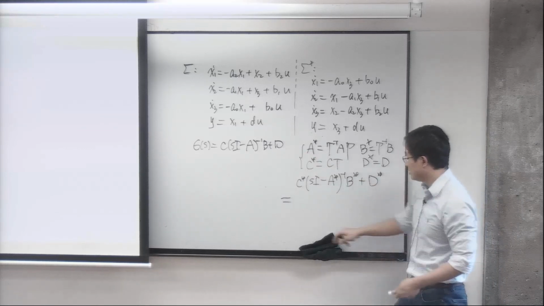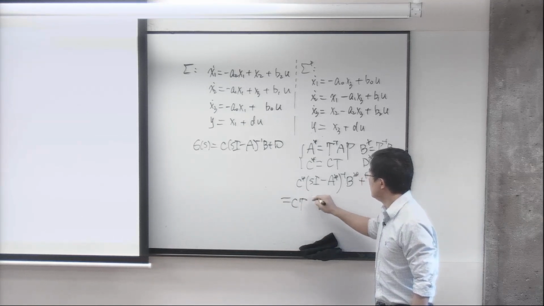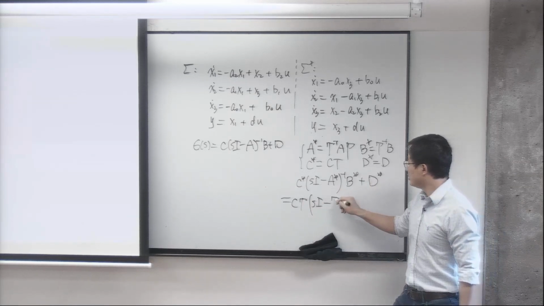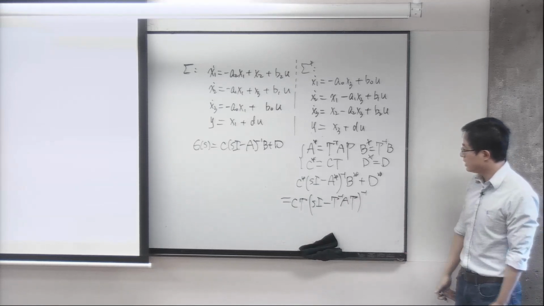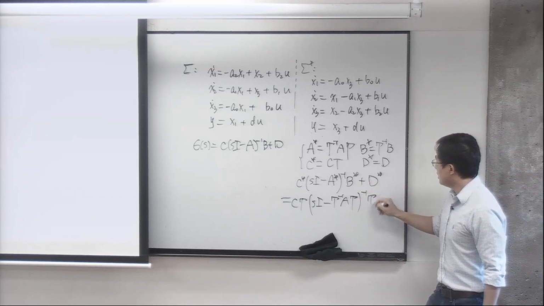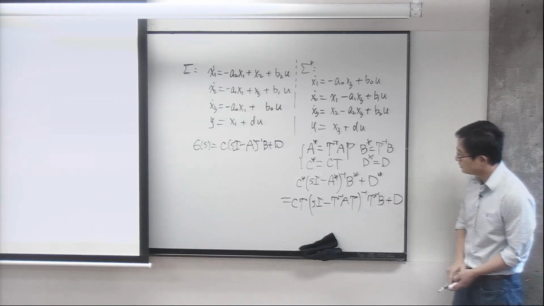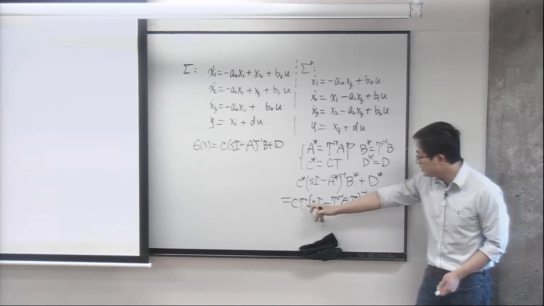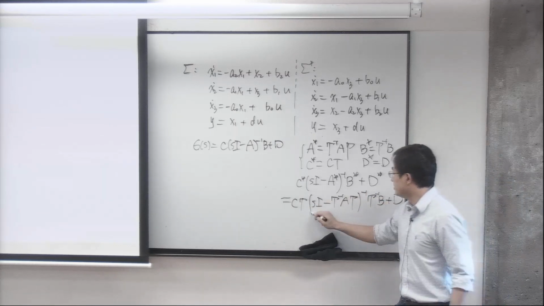So we have some good start. There's some good news to begin with. C star is C times T. And then sI minus A star is sI minus T inverse AT. And then the whole thing taking an inverse. B star is T inverse B, and then D. So it looks promising, right? I see T and T inverse, so there are potentials to cancel things out in between. So be a little careful now.